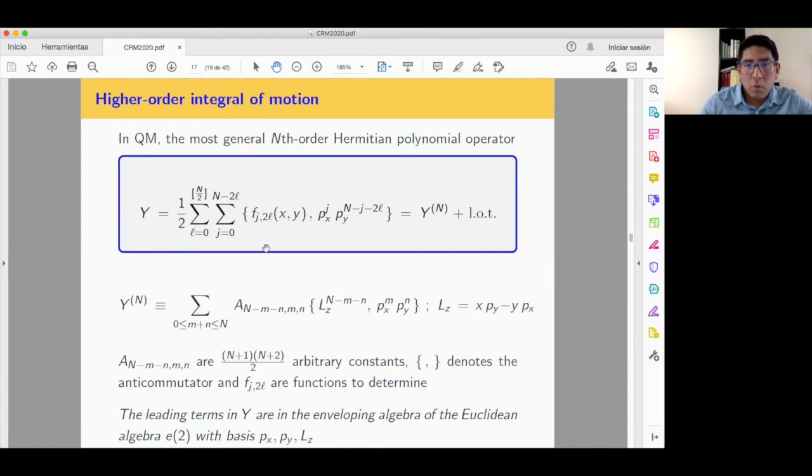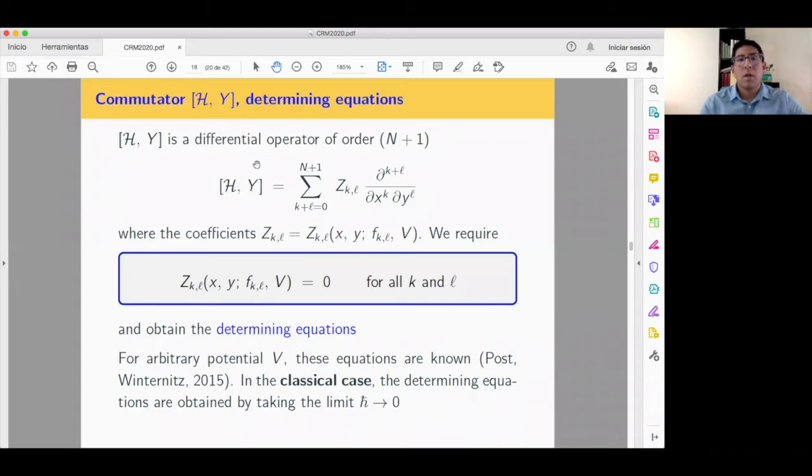Here, of course, we need to say something about these coefficients, which are functions of X and Y, this F_{jl}. And in order to fix them, we are going to need the commutator with the Hamiltonian. In general, this commutator is a differential operator of order n+1. The generic form is presented here. And since we are looking for another integral of motion, each of these coefficients should be 0.